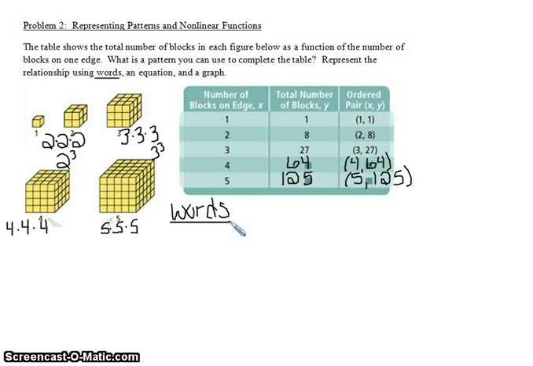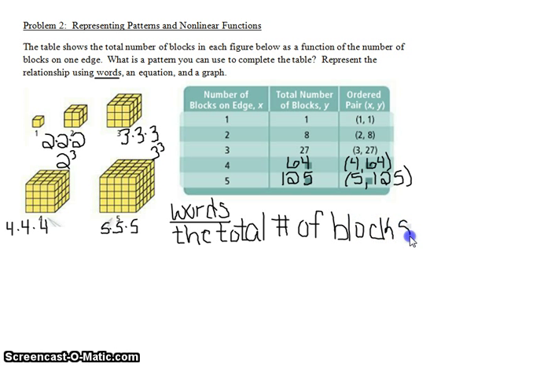Let's write it out. We have the total number of blocks, which let's go ahead and make sure we write in that that is our y value.